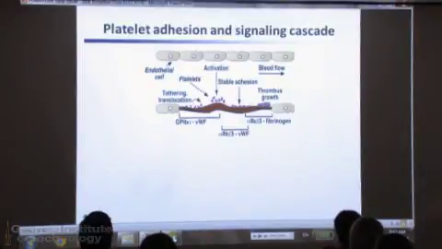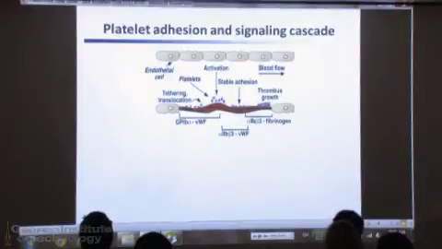Okay, so this is one of the application areas of my lab, which is hemostasis and thrombosis. I'm showing here a disrupted blood vessel. Here are the endothelial cells, and the disrupted blood vessel here exposes the subendothelial matrix.